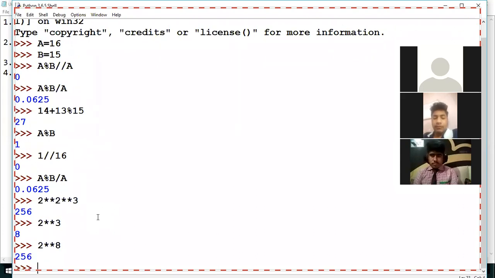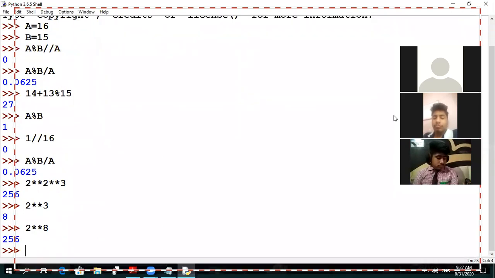If we change the statement like bracket 2 to the power 2 bracket closed, then to the power 3, then it will solve the brackets first.